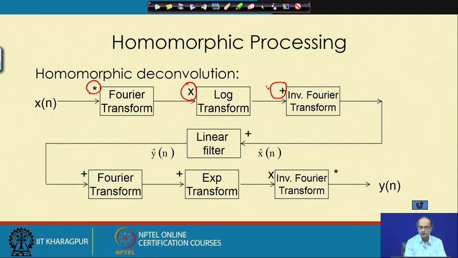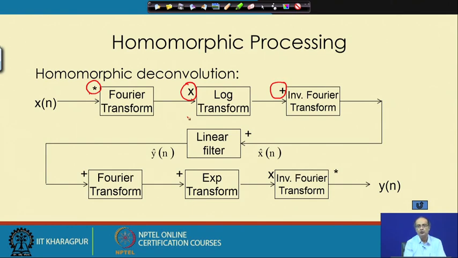Okay. Now, after getting that, it seems that we are just there, but we need to do one more operation. The initial data was in the time domain, and because our log operator works better when the constituents are multiplicatively combined, we had to take the Fourier transform. So, we have gone to the frequency domain.